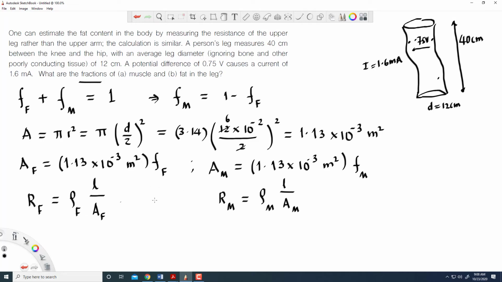Now this rho f and rho m are not given, so we need to Google the values of these things. So this one would be 25 ohm meter, so that's the unit for resistivity. Okay. And this one is 13 ohm meter.